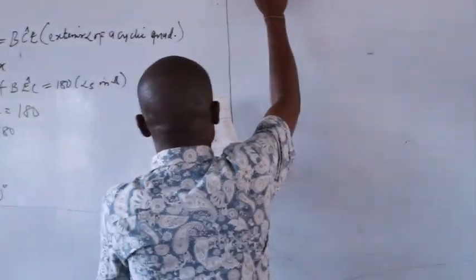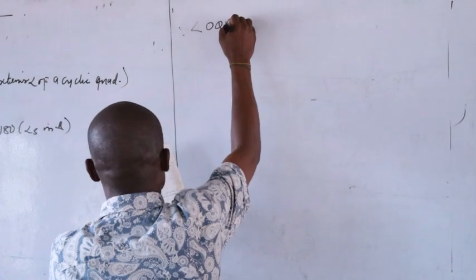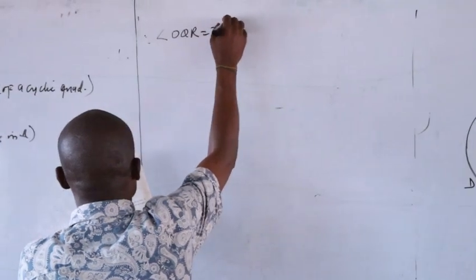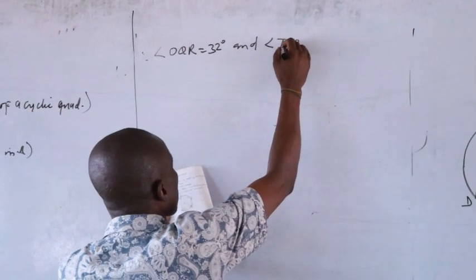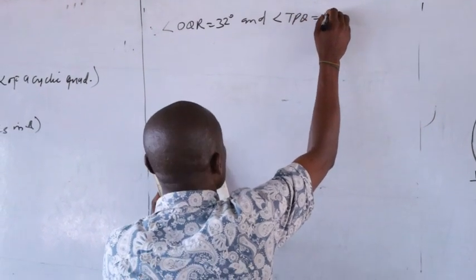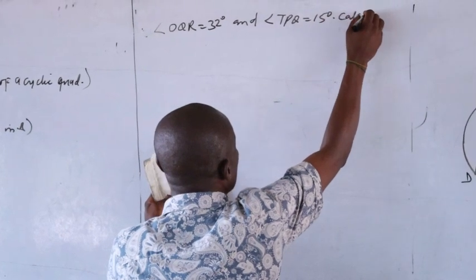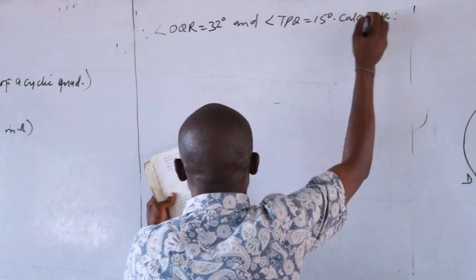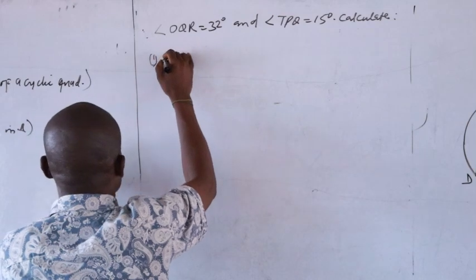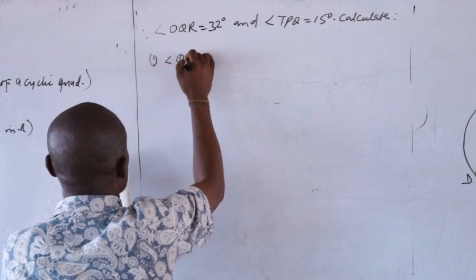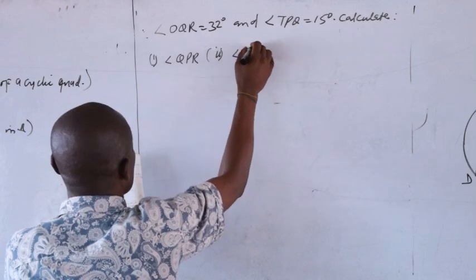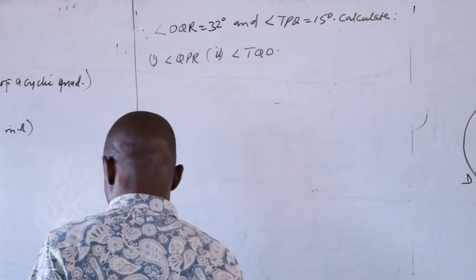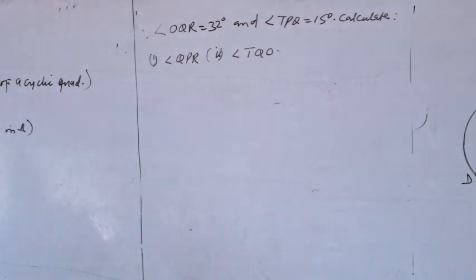Angle OQR equals 32 and angle TPQ equals 15. Calculate 1. Angle QPR. 2. Angle TQO. Now let me draw the diagram on the board.